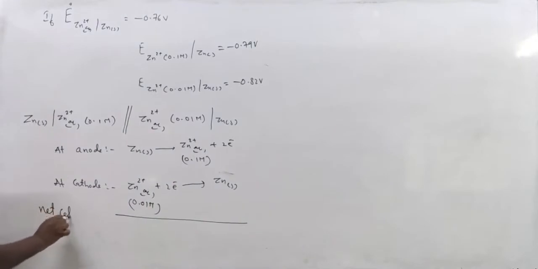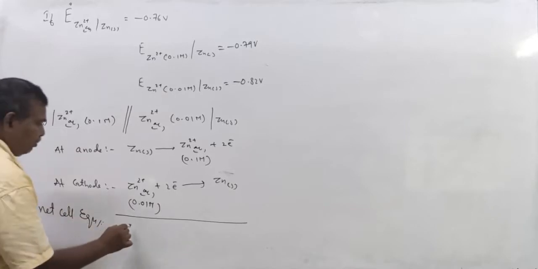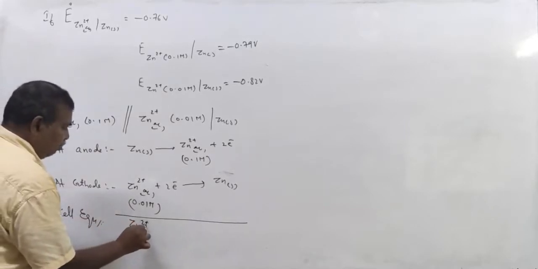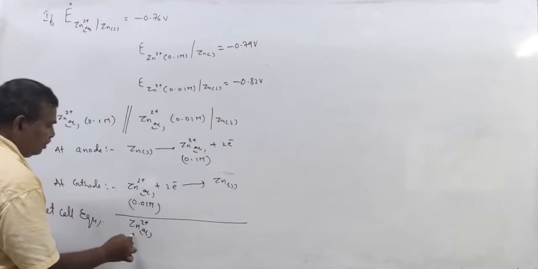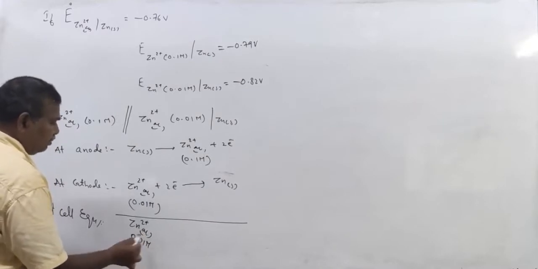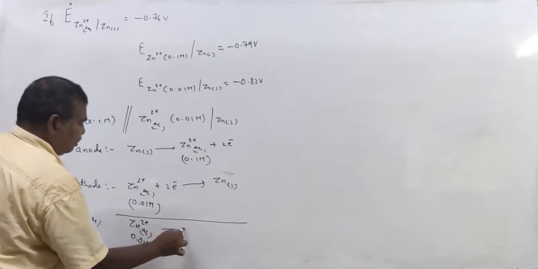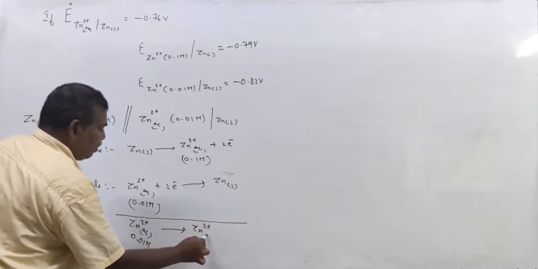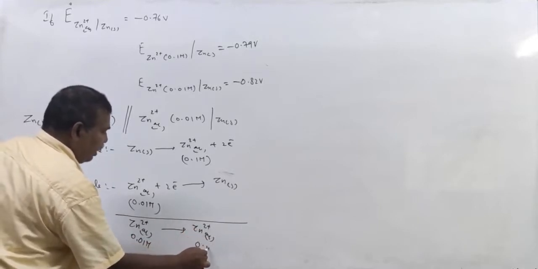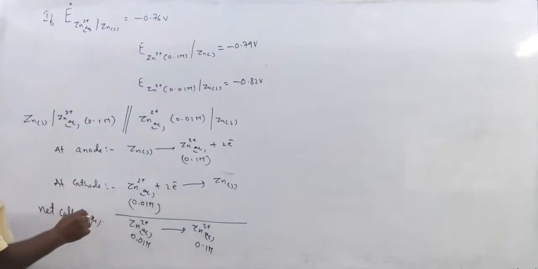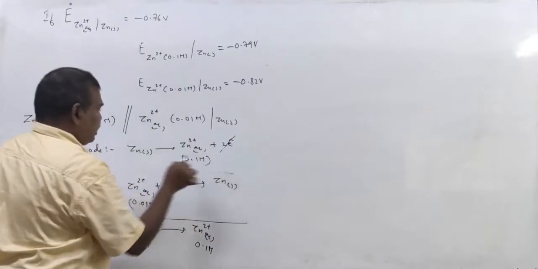Net cell equation is Zn2+ with concentration 0.01 molar gives rise to Zn2+ aqueous 0.1 molar. See, the two electrons get cancelled.